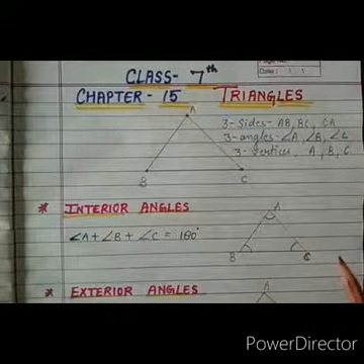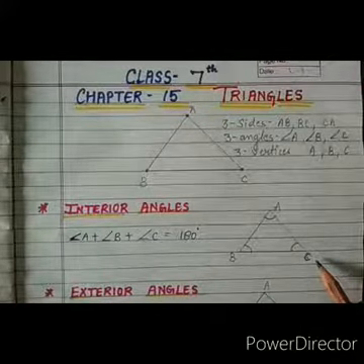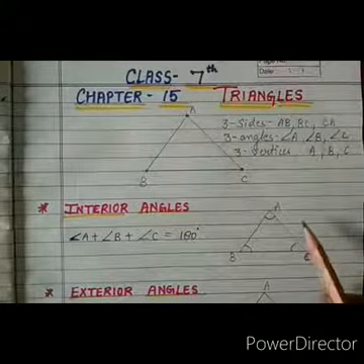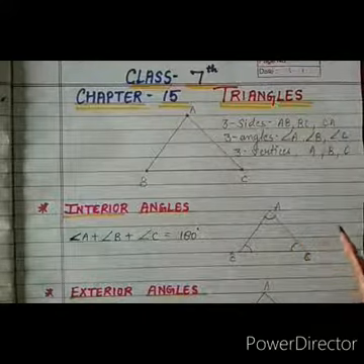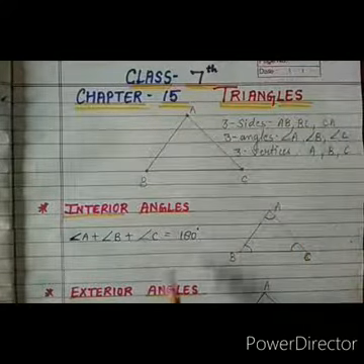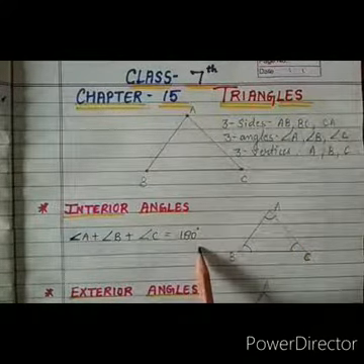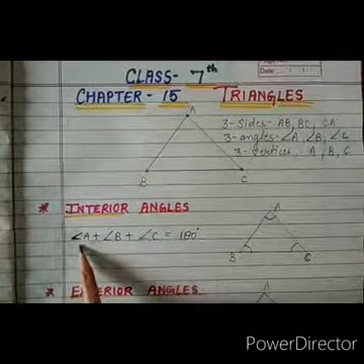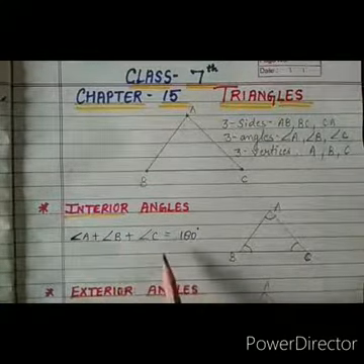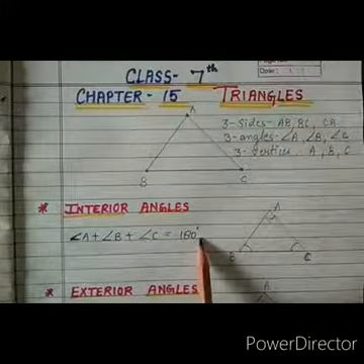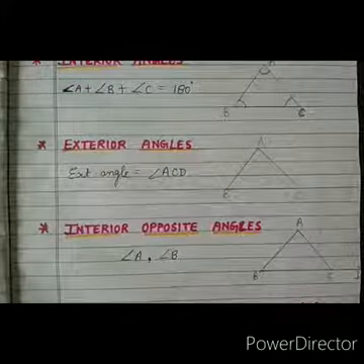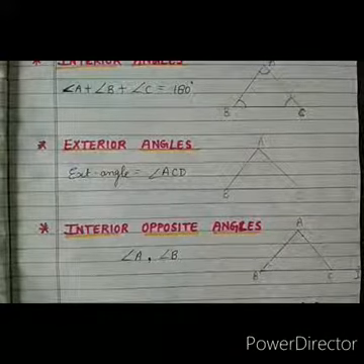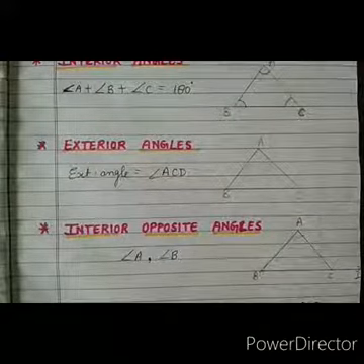Now we have the property of interior angles, that is, the sum of interior angles of a triangle is equal to 180 degrees. So here we have to remember that angle A plus angle B plus angle C is equal to 180 degrees.